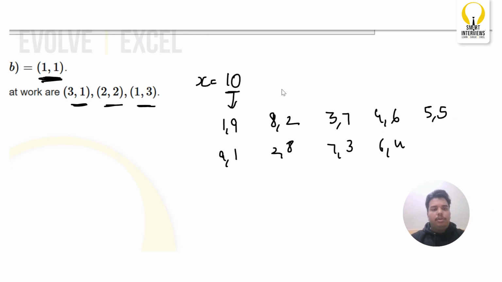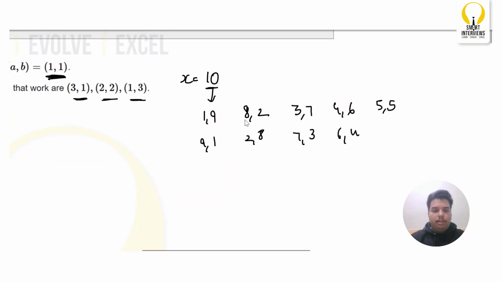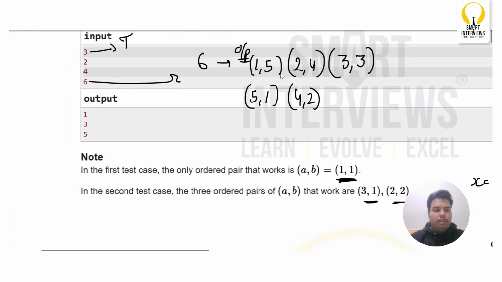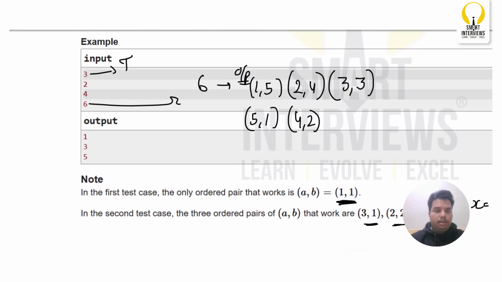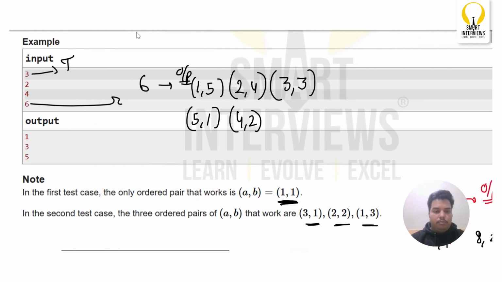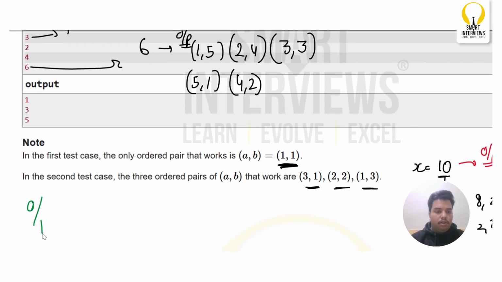So for 10 the output is 9. Can I say in a general form that the output is simply n minus 1, whatever the input is minus 1?